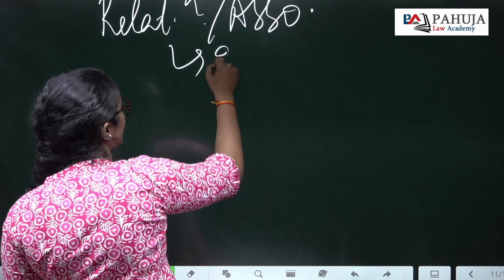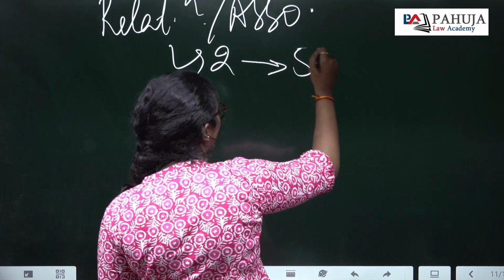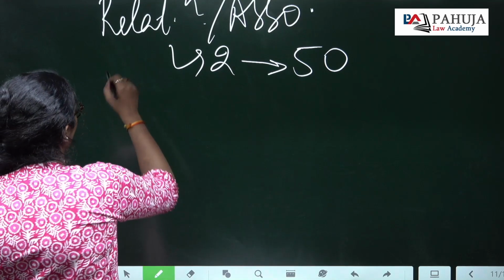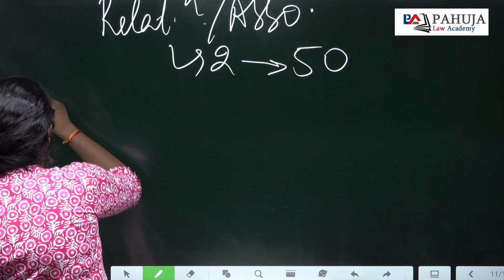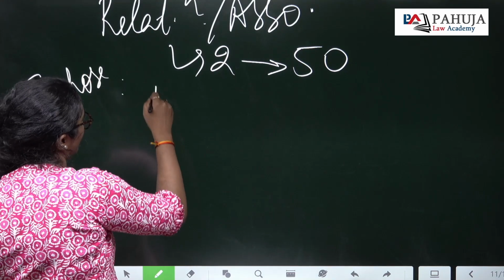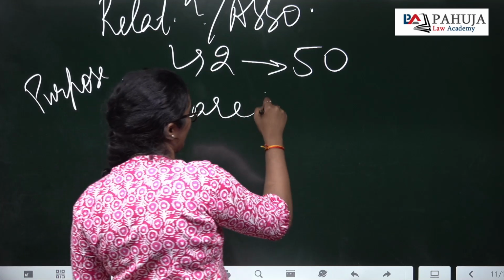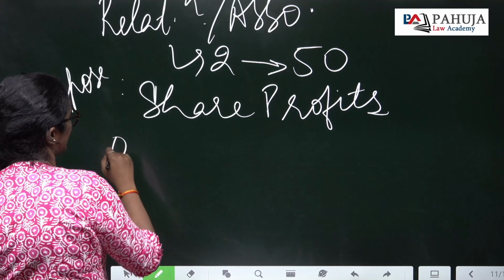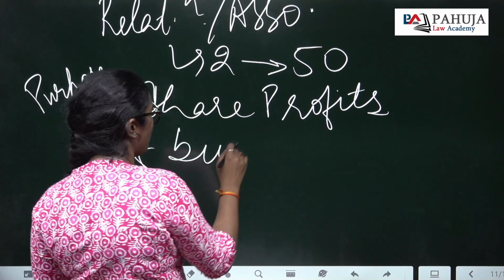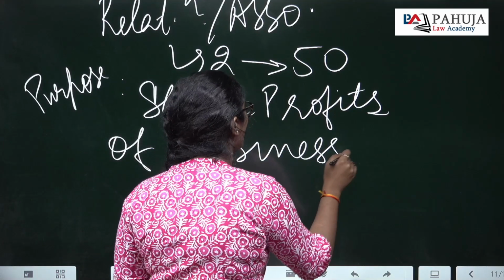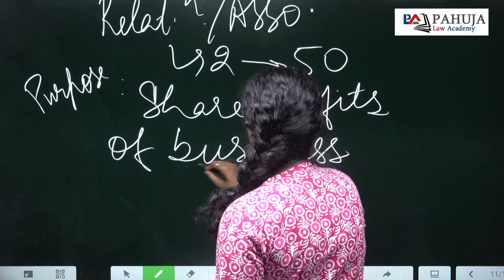The minimum number is 2, which may extend to 50 by virtue of the 2014 rules of the company law, and it is for the purpose of sharing profits of a legal business. We understood कि business क्या होता है, कोई भी every trade, profession or occupation. Section 2B of the Indian Partnership Act defines the term business.